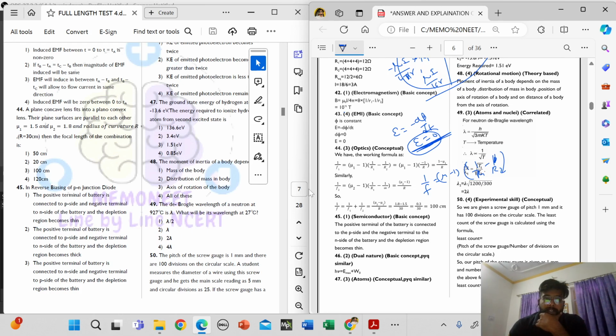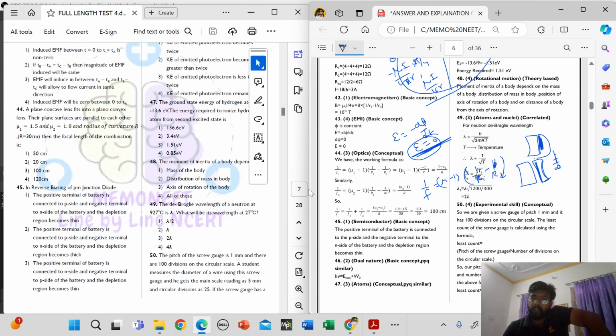Here the plano-concave lens is fitted to the plano-convex lens. For the first one, 1 upon f1 is (mu1 minus 1) times (1 upon r1 minus 1 upon r2). Suppose we have taken this plano-concave lens. For this, r1 will be infinity, and 1 upon infinity minus 1 upon r2, where r2 will be positive.